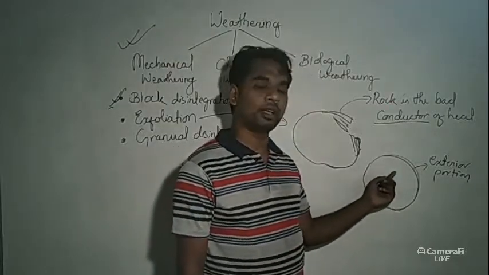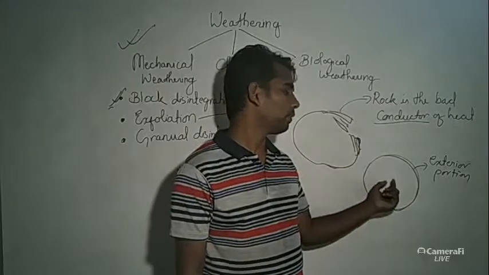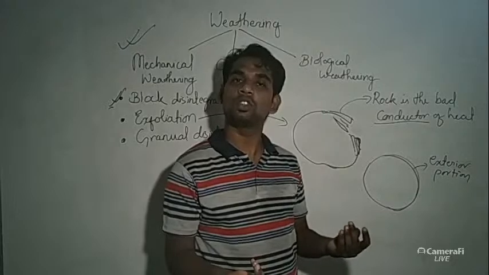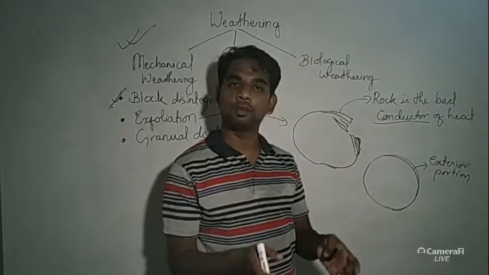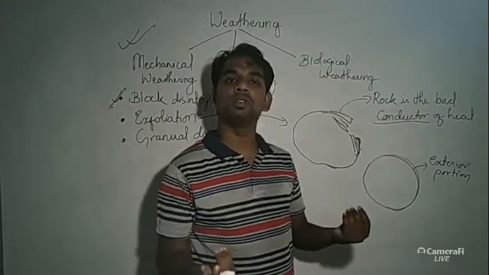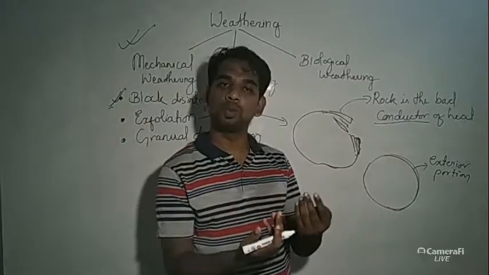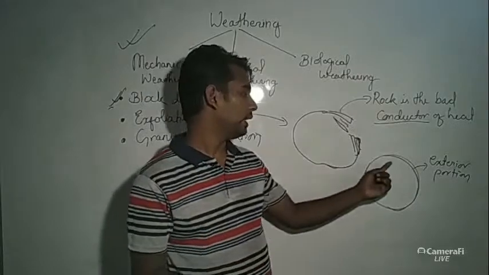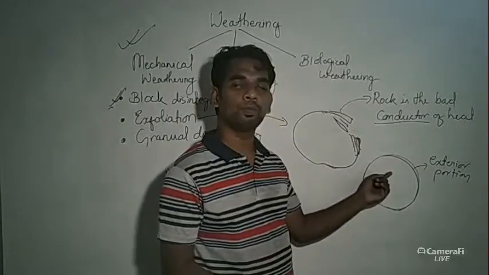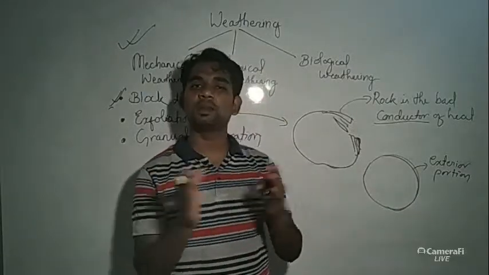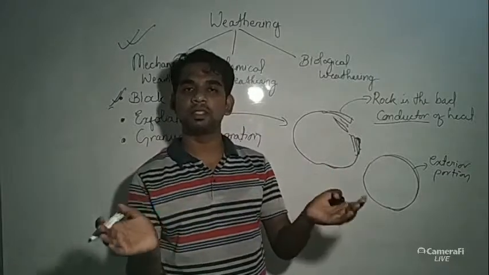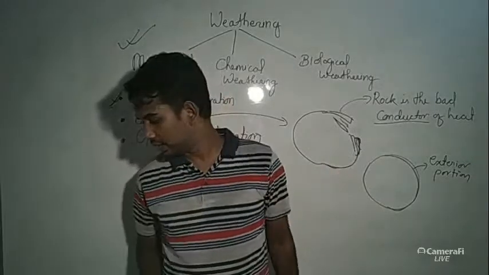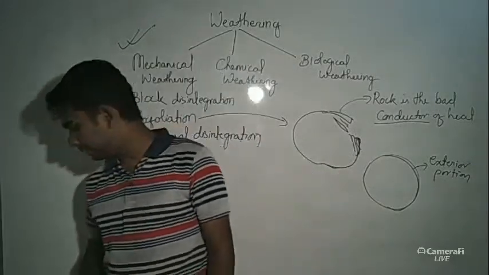The upper layer starts expanding. When the solar radiation stops falling on it, again it comes to its normal position. And due to this expansion and squeezing, slowly a crack develops between the top layers of the rock.